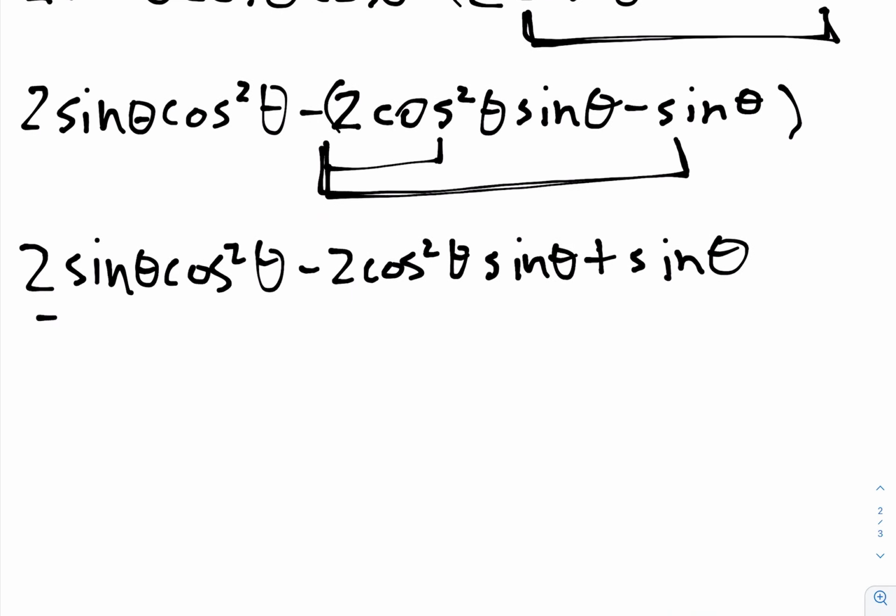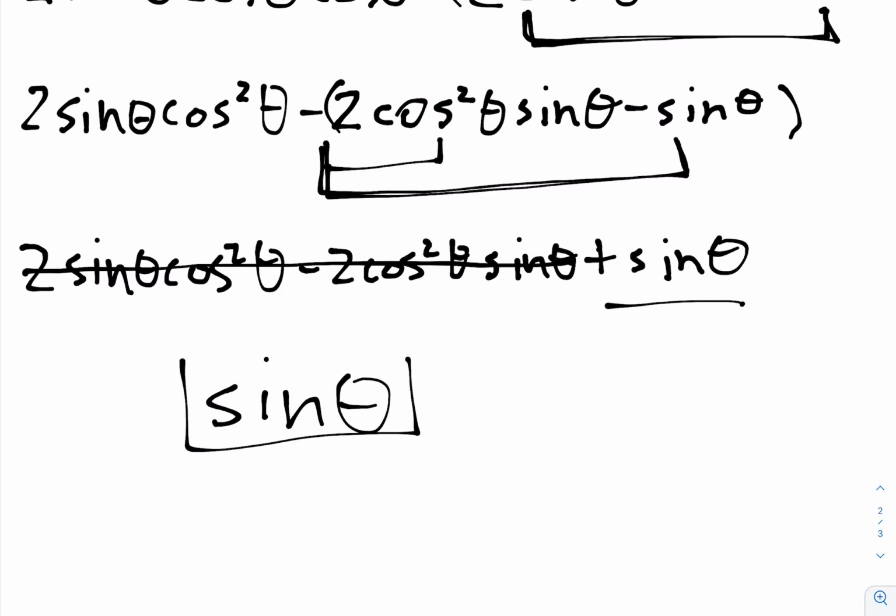And see how we have 2 sine theta cos squared theta minus 2 cos squared theta sine theta? Even though these orders are mixed, they're still multiplying. So these two are the same thing, and since the second one is subtracting from the first one, the first two terms are gone, and we're just left with sine theta. So our answer is literally just sine theta.